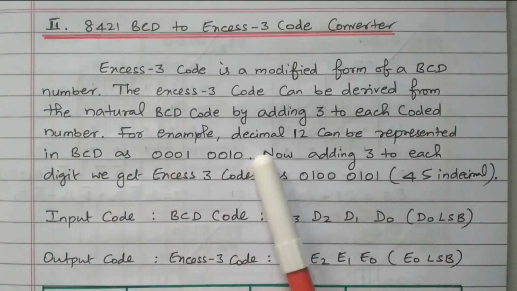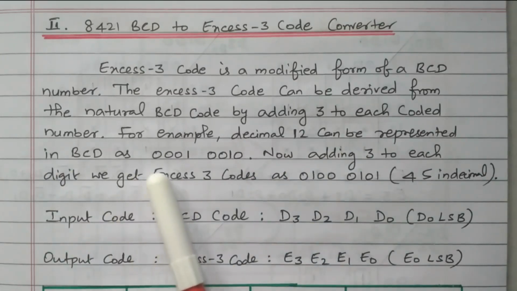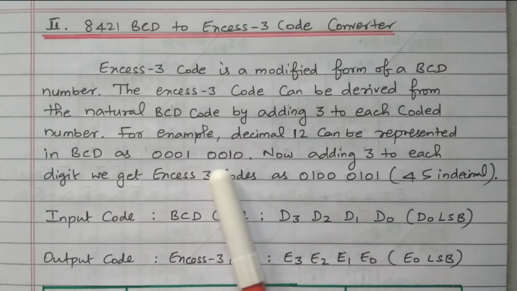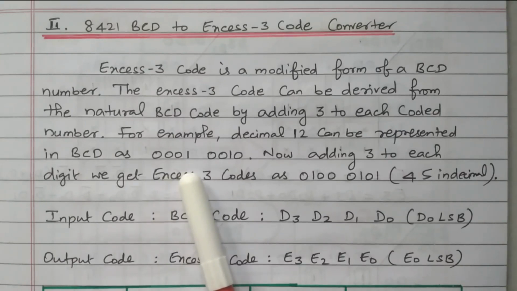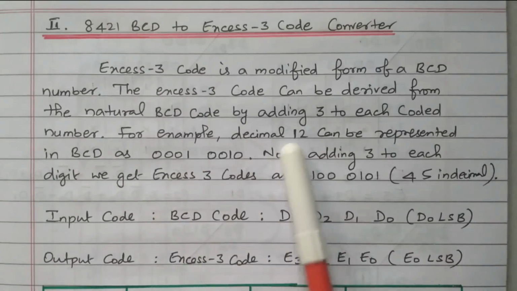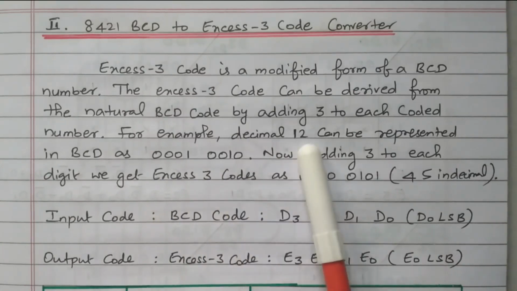For example, the decimal number 12 can be represented in BCD as 0001 0010. That is by using 8421 weightage. 8421, right, the last digit is 1 means it is 1. 8421, right, the second digit is 1 means it is 2.